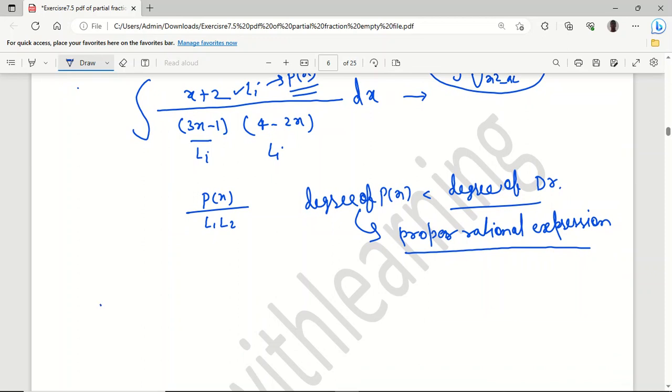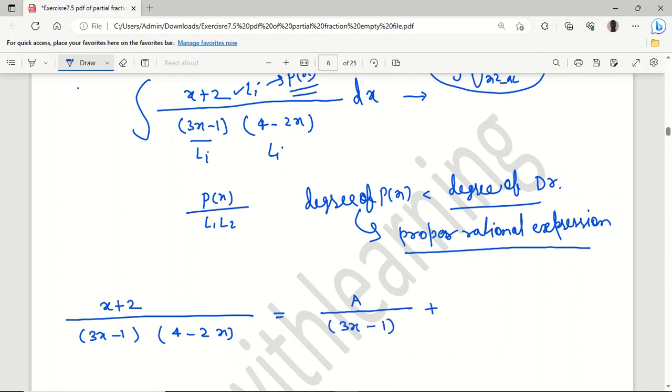So what we'll write here: x plus 2 upon 3x minus 1, 4 minus 2x. I can break them into this form: A upon 3x minus 1, where A is some constant and the linear expression is 3x minus 1, plus B upon 4 minus 2x.